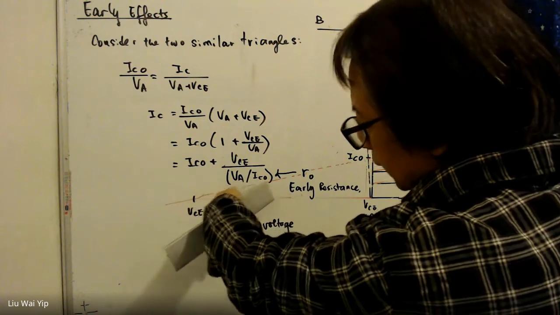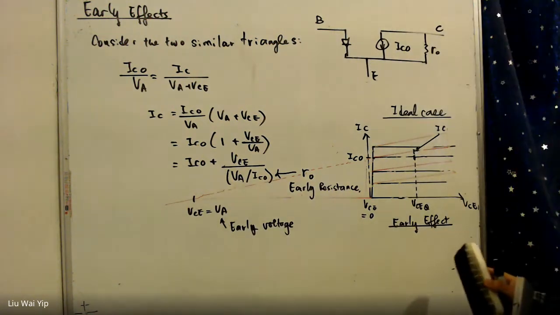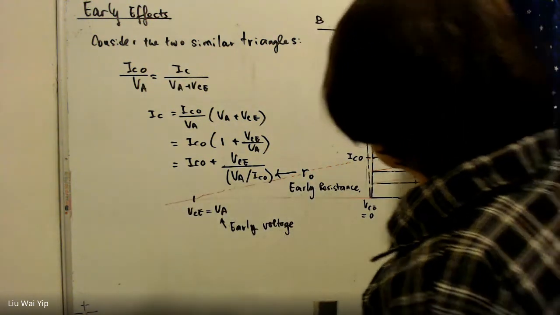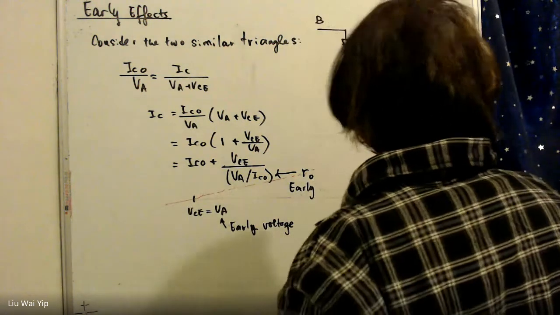What we can do is further analysis based on this. We differentiate this equation. Suppose this equation is equation 1.